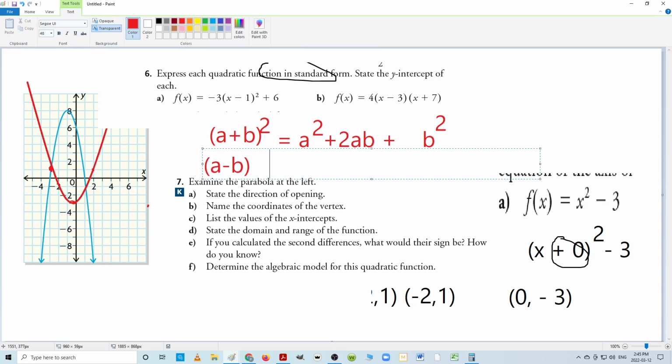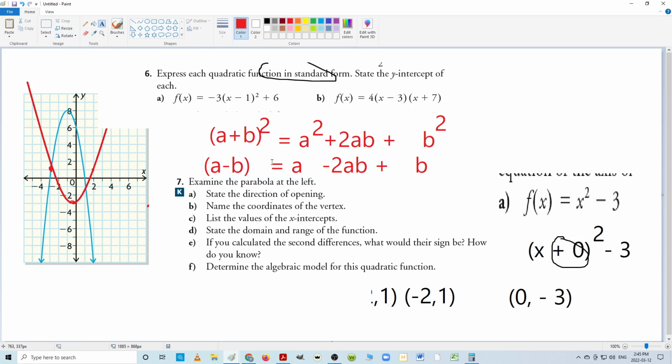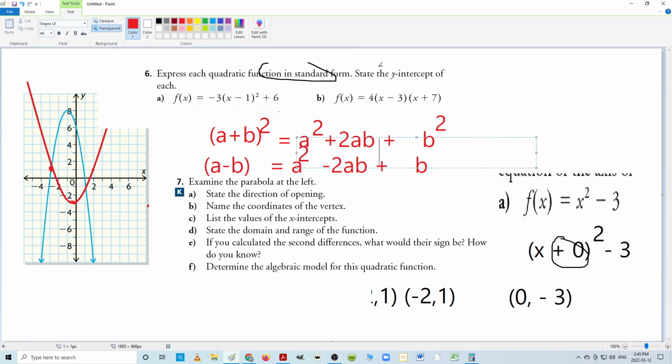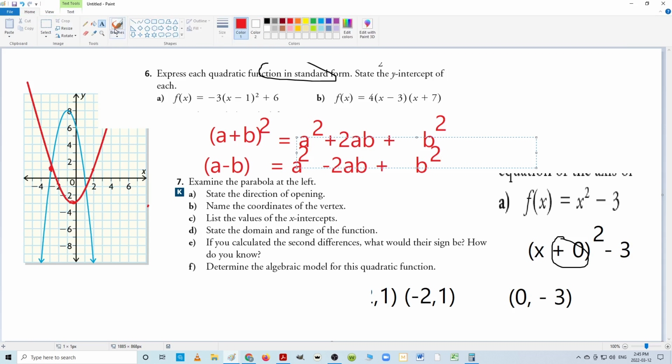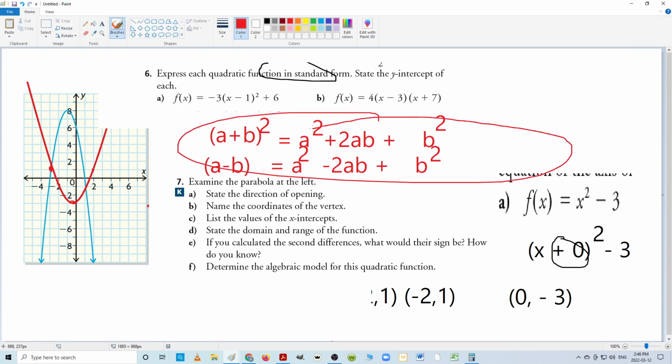Squared, I'm going to skip the squared. Square the first term, square the last term. You'll notice both the terms are just like the one before it because they're both plus, and then the middle term is minus 2AB. So this will be the only difference for a binomial of A minus B. You might say, well, how is that useful? You just memorize those two, or essentially sort of know that that's the case.